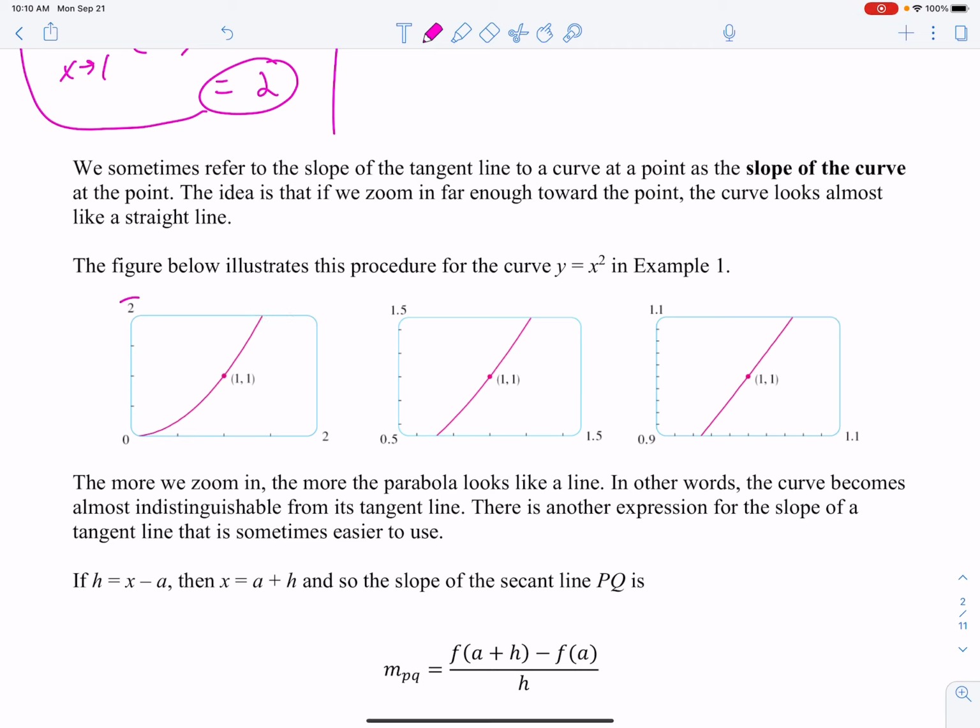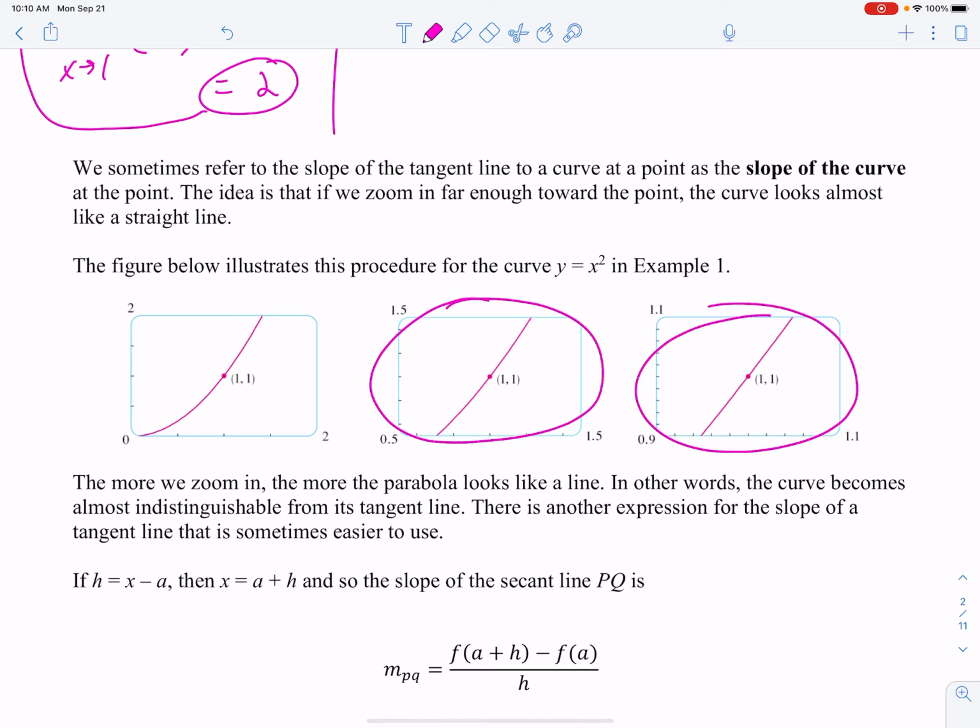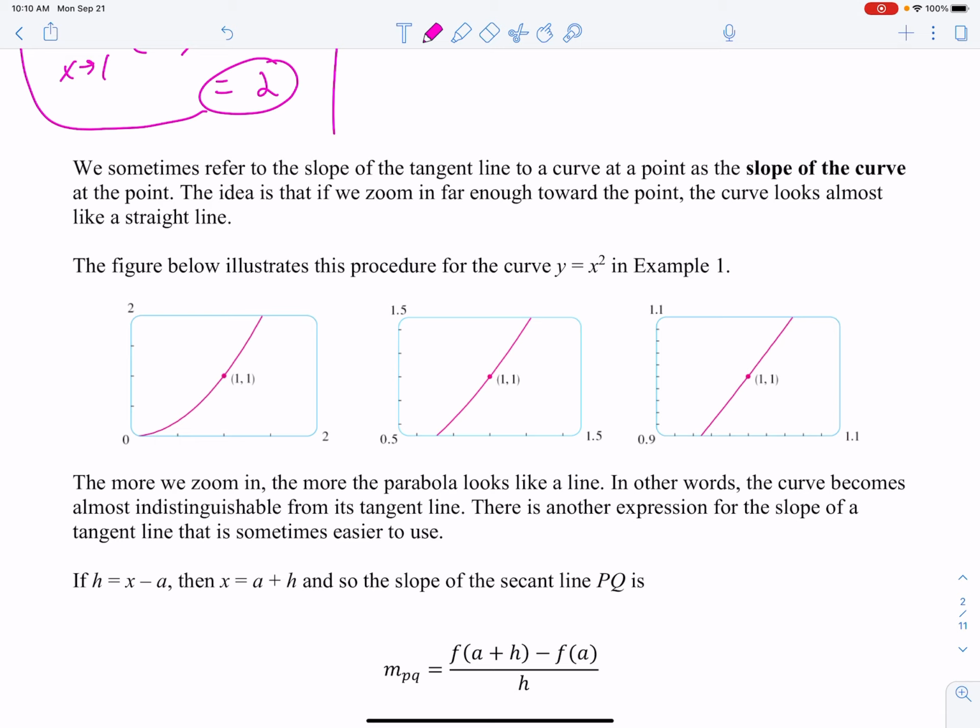You can actually see the window numbers there, right? So if you keep zooming in, if you make that window smaller and smaller and smaller, you can see that this curve now really looks closer and closer to a straight line.